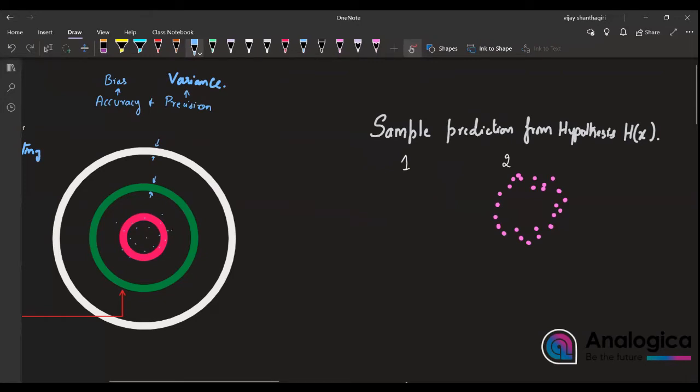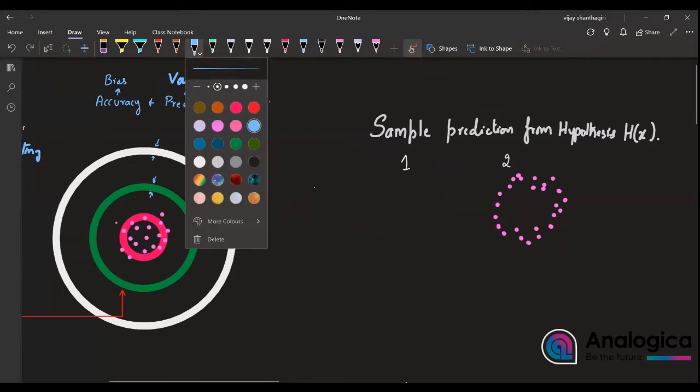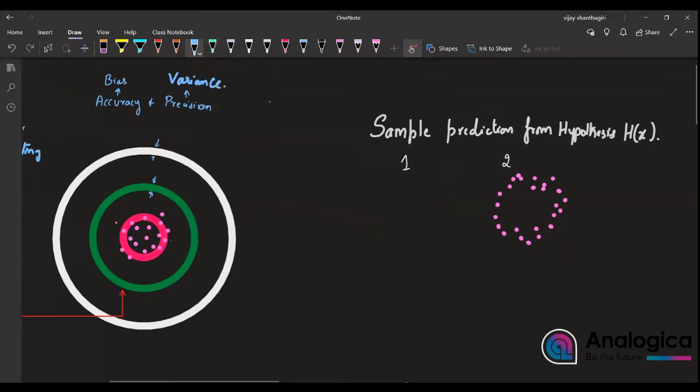Ideally, we would call this a situation of low bias and low variance. A very nice model if we achieve this, right? Ideally, this is achieved under idealized conditions.